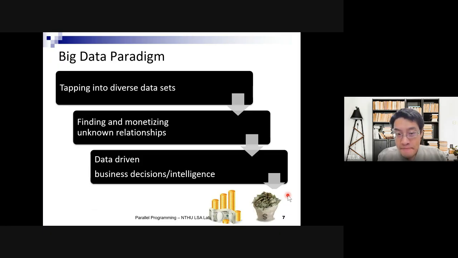For big data, the methods used to analyze the data are usually simpler because there are many challenges we need to overcome, as I will show you in the next slides. So it's more about how to handle the data, not so much about what algorithm to use to analyze it.